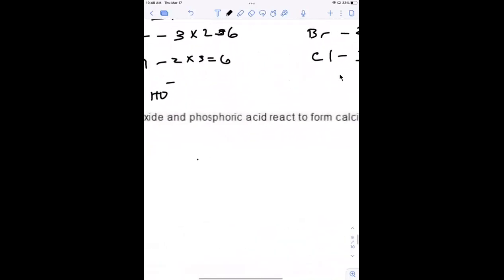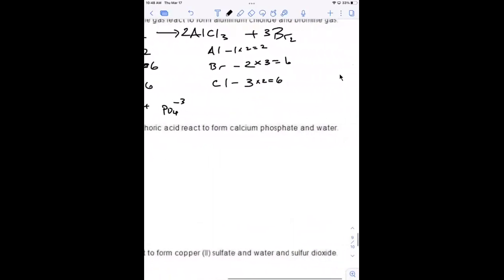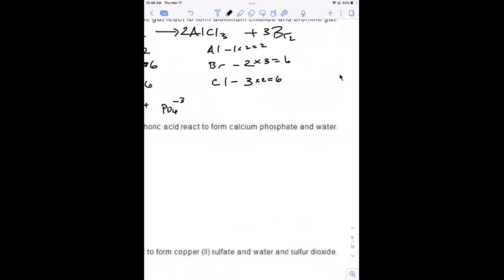But let me show you how to put that together. So this is H plus, and then the phosphate anion is PO4 and it's -3. So that's how we end up with H3PO4. That's where it comes from. And then over here, we're going to have calcium phosphate, which is Ca2 plus, and then PO4 -3, and then water, which is H2O.